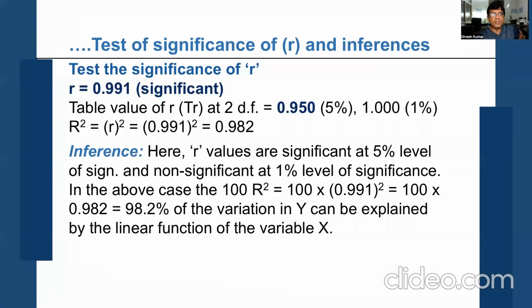Hope you understand this. The table value is less than the calculated value. Your calculated value is 0.991. Table value is 0.95. That means your correlation coefficient is significant.